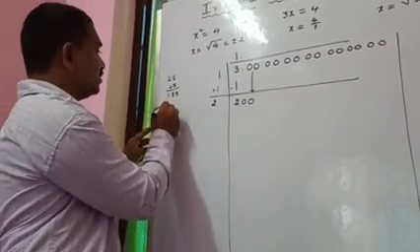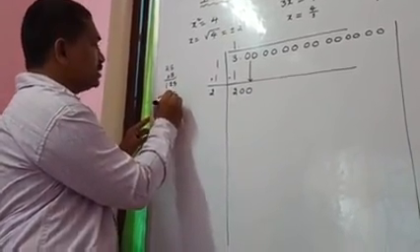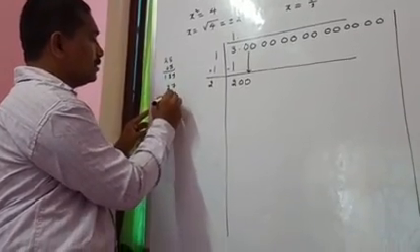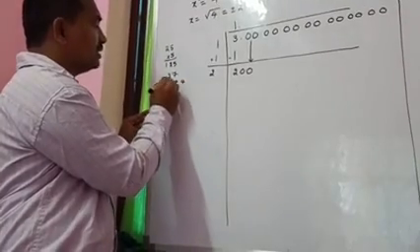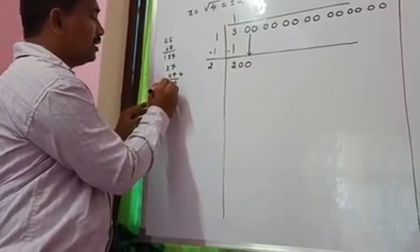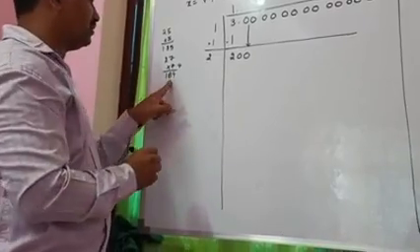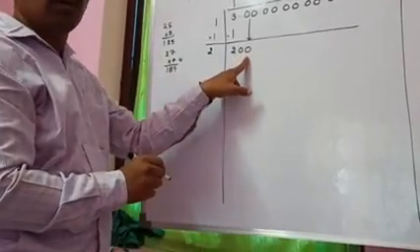Let us take another one. 27 into 7. 7 sevens are 49, 9 and carry 4. 7 twos are 14, 14 plus 4, 18. 189. 189 is near to 200.